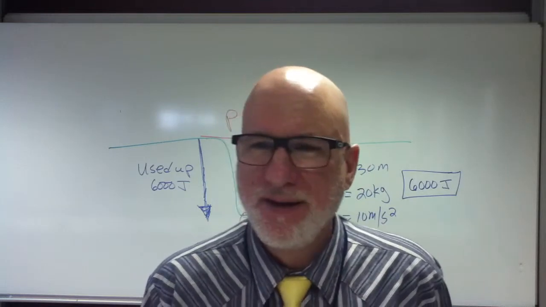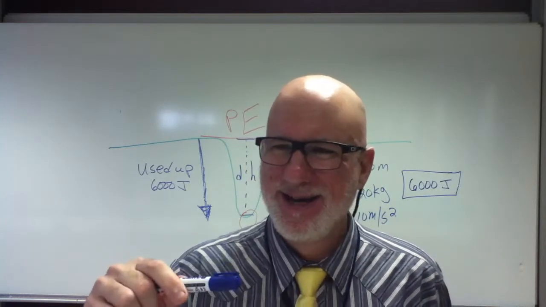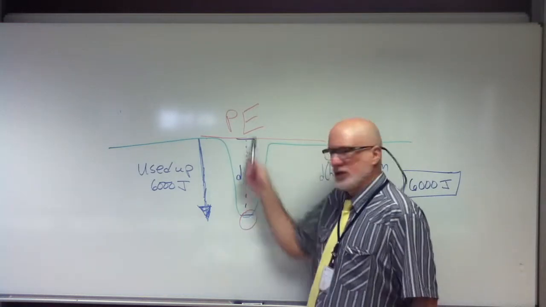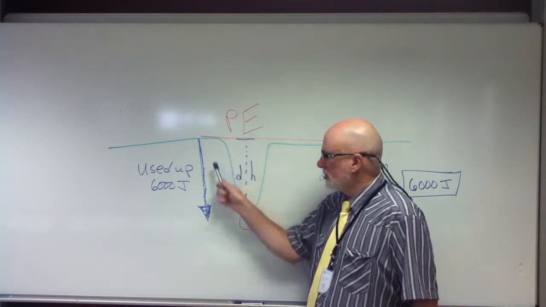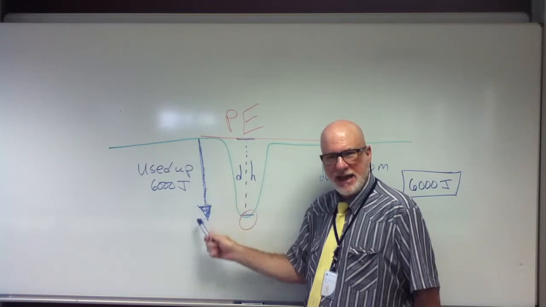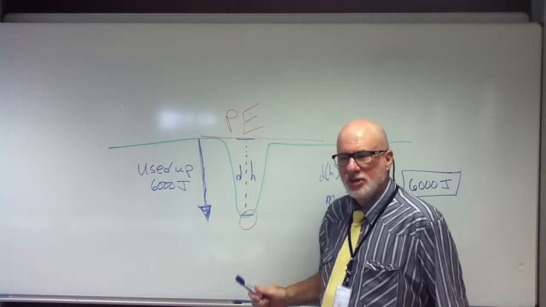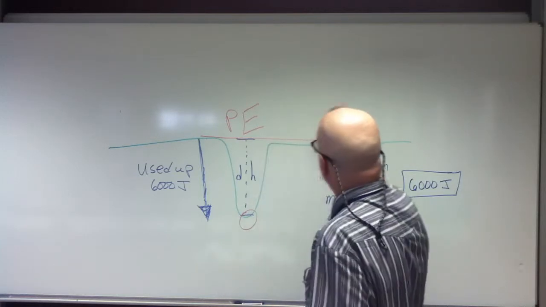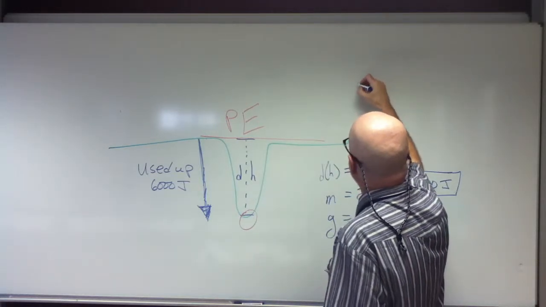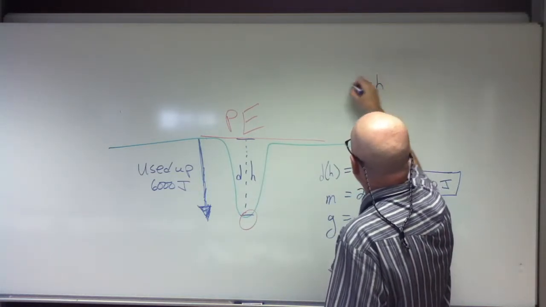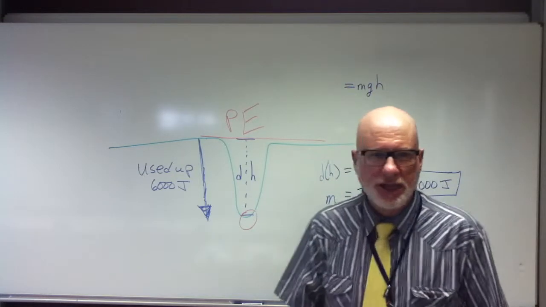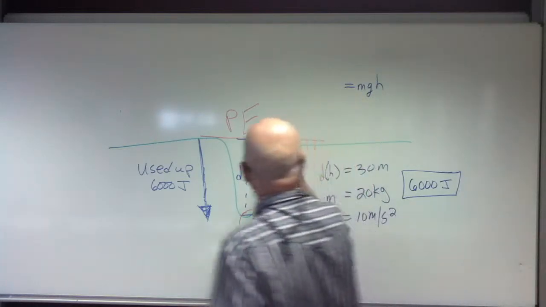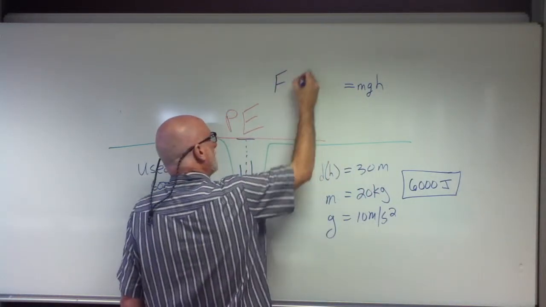Okay, so I want to know how much force the ground exerted to slow this Coyote down so it stopped. So what equation? I have the potential energy. The potential energy is 6,000. mgh. So what's mgh going to equal? FD, right?